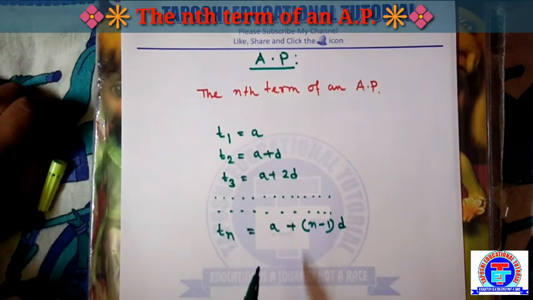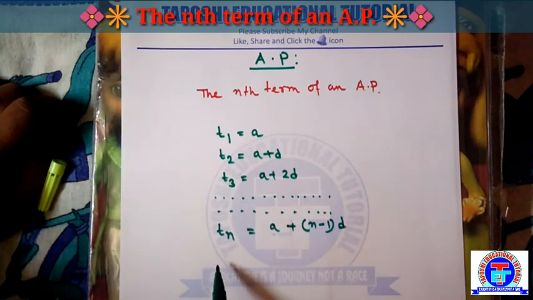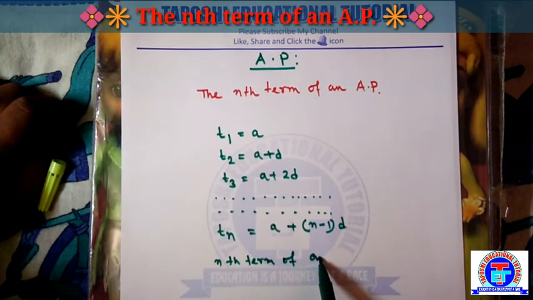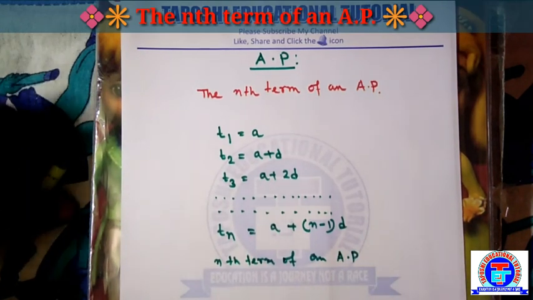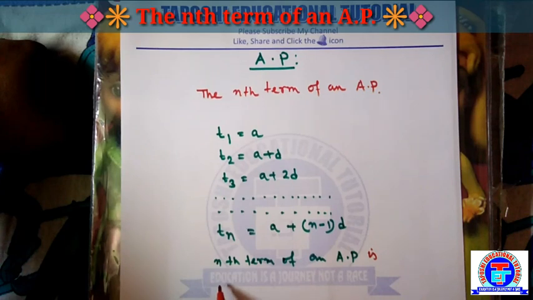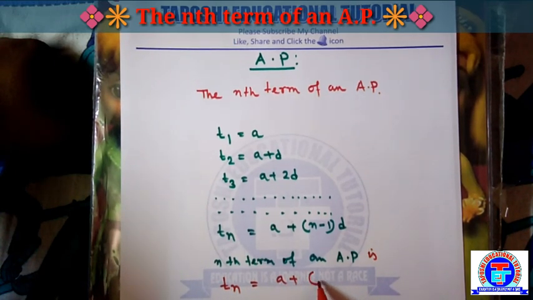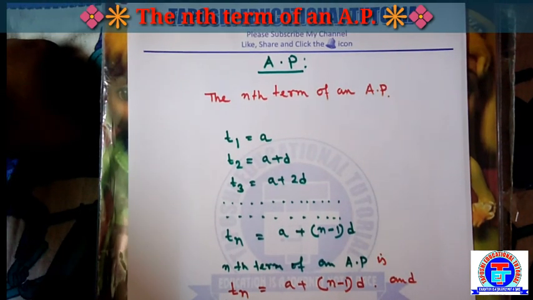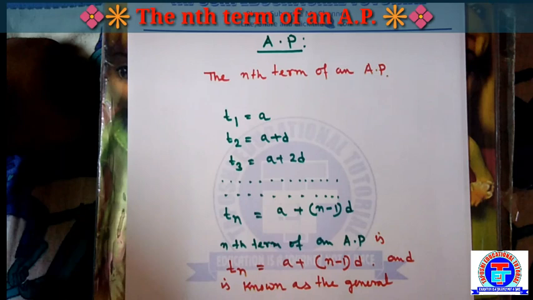Thus, the nth term of an AP is Tn is equal to A plus (n minus 1) into D, and is known as the general term.